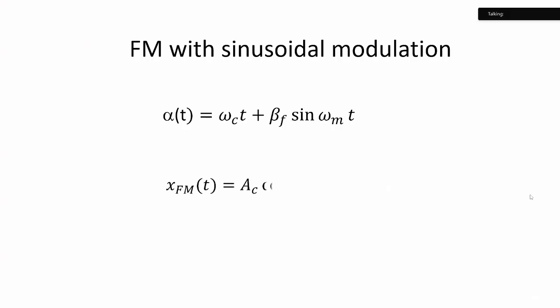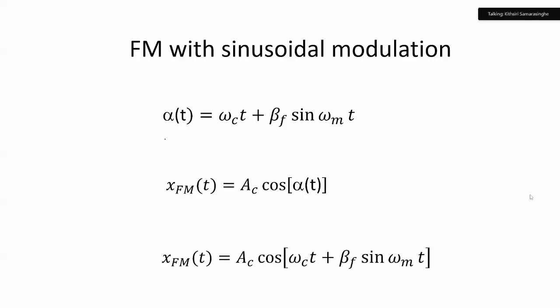We can write the FM equation, the single tone FM equation. Substitute for alpha(t). We get the single tone FM given as the equation now like this. It's known as the single tone FM equation.